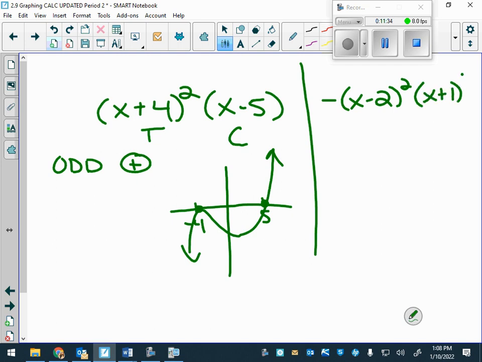Good. Now, both of these, what is happening on the graph? Liam? They're both touching. Good. Okay, and it's a negative leading coefficient and even. So is it both up or both down? Down. Okay, so 1, 2.